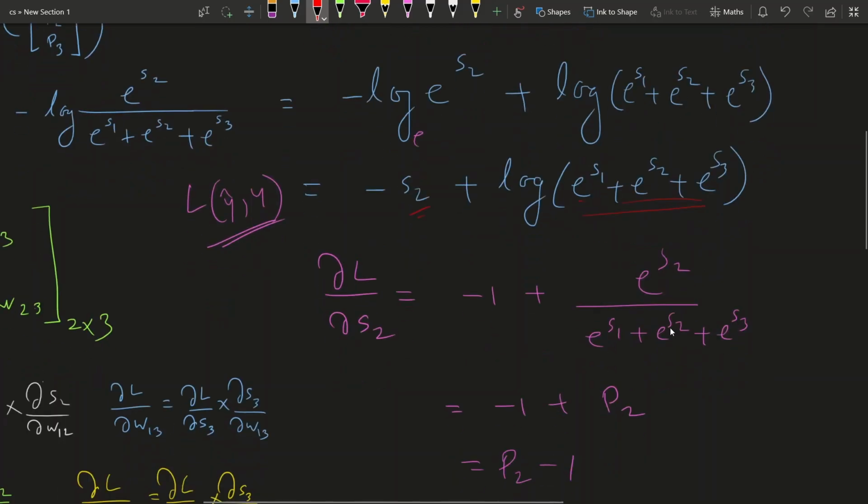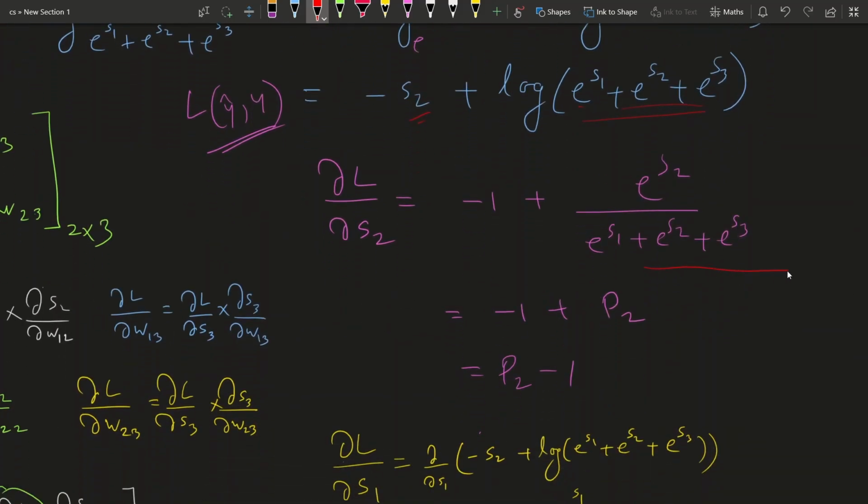So this is the expression that I will be getting. And this expression, if you see carefully, is nothing but your P2. Isn't it so? This is nothing but your P2. And this is -1, so ultimately you get P2 - 1.